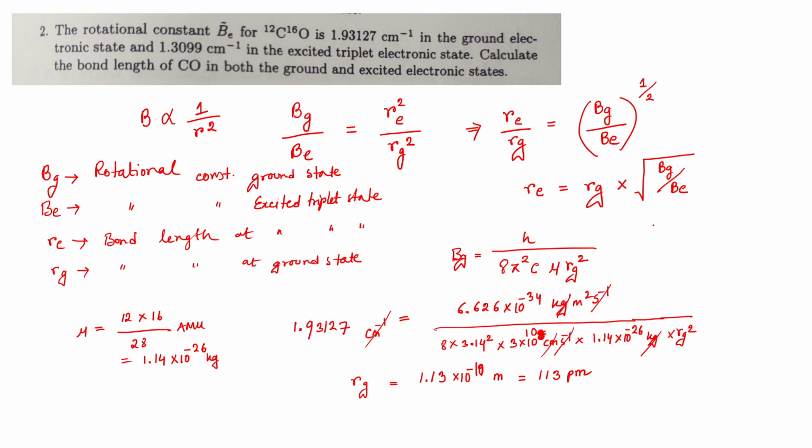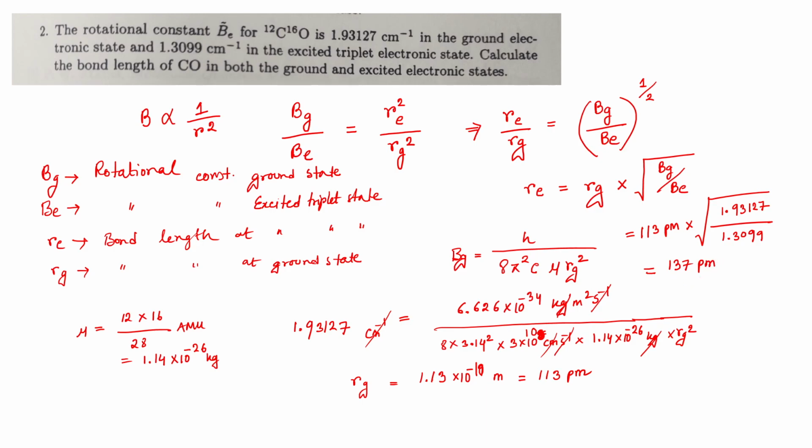So what about the excited state bond distance? It will be 113 picometer into 1.93127 divided by 1.3099, which is going to be 137 picometer.